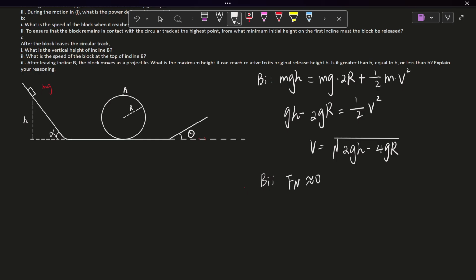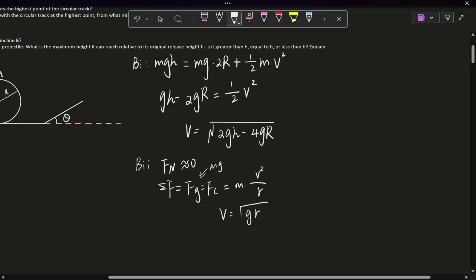We can just approximate it to zero. So at the top of the circular track, the centripetal force is only equal to Fg, and that's equal to mv squared over r. And Fg is equal to mg, right? From which v we can get is just equal to the square root of gr.